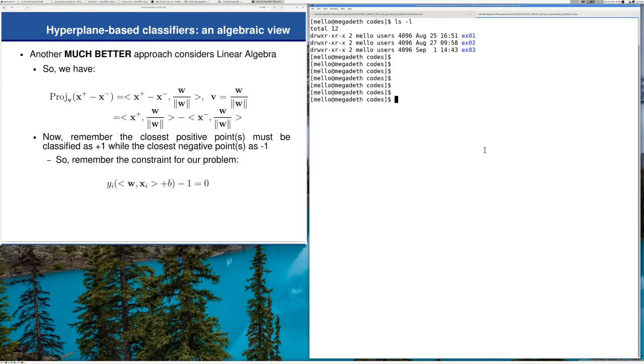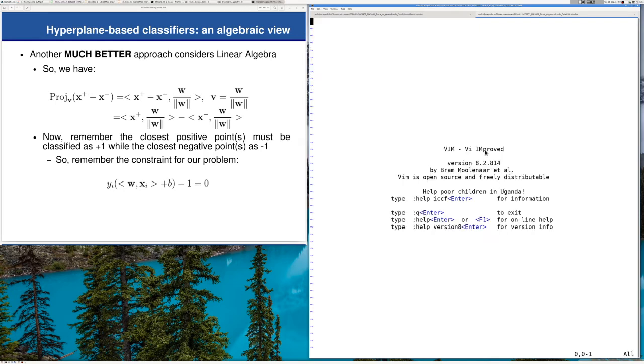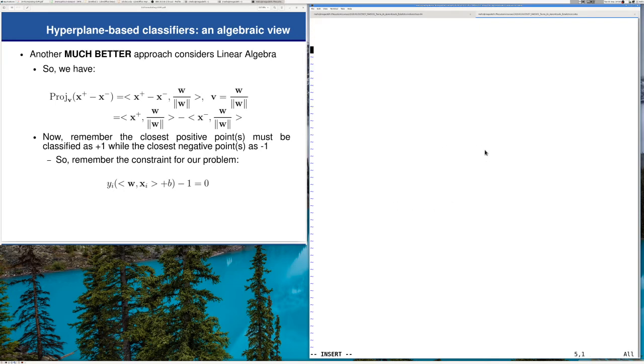Let's suppose, I could open VIM like this, just to show you. What I want to do is exactly this. When you guys provide some vector that I just don't know, I want to compute its inner product, dot product, with my vector w plus some b, as I showed you guys before.